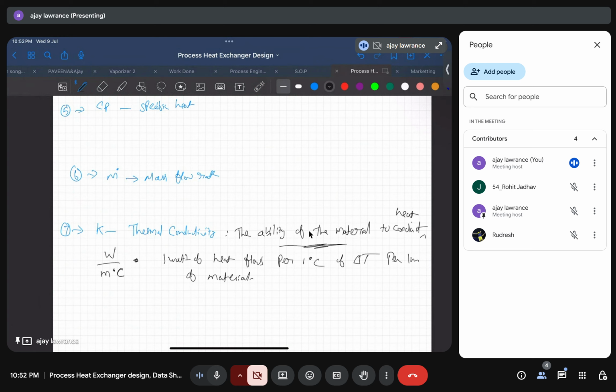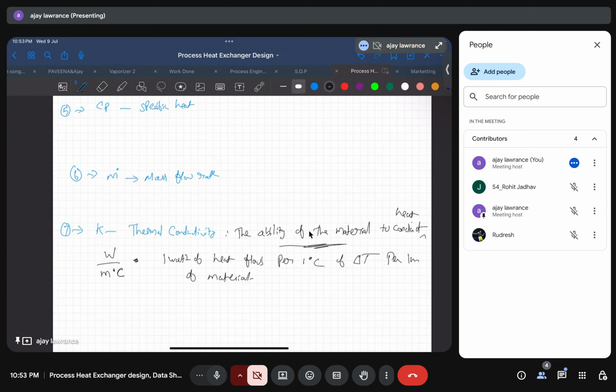This is the definition. If it is a 1 meter material and there is a 1 degree Celsius difference between the two points, the watt traveled between these points will be given as thermal conductivity. Let me explain very clearly.